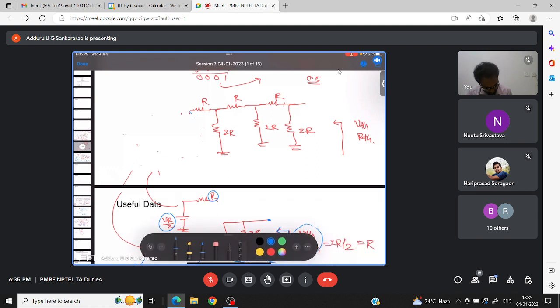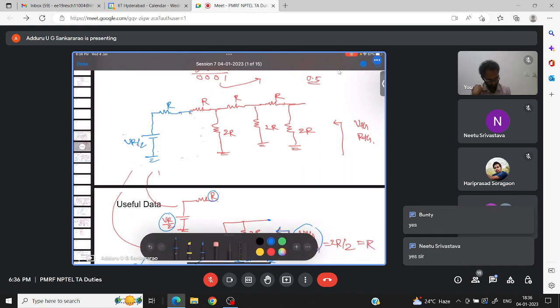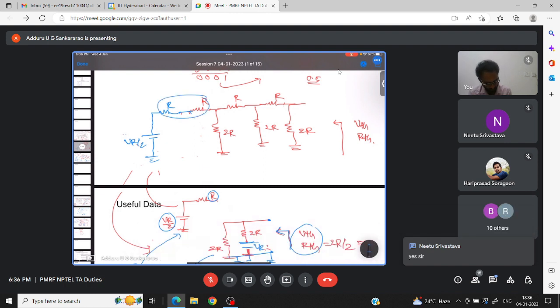That means VR by 2 and R. Okay. Is that okay now? Till now? Fine. Now together it will become 2R. This R and R they are in series. So this is 2R.